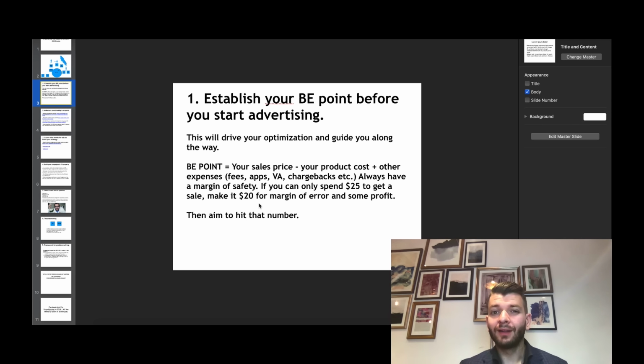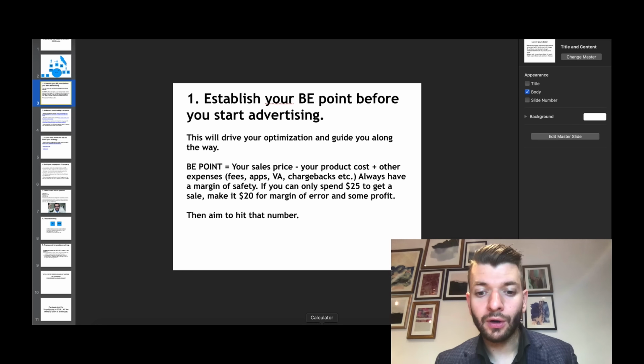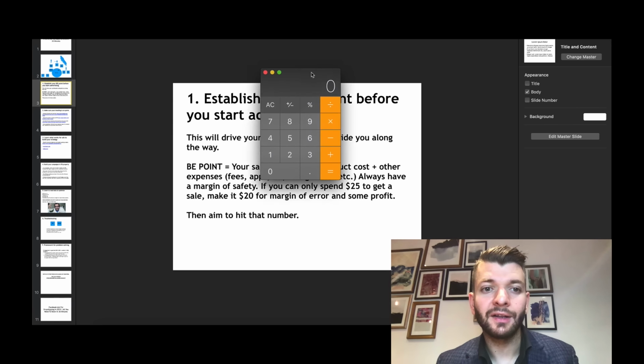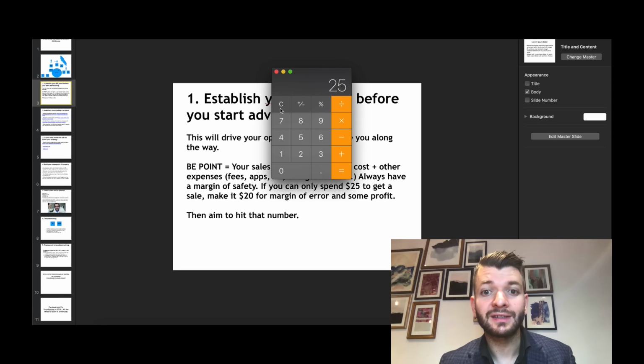Or if you're optimizing for return on ad spend, then you can calculate that number, right? So for example, if you're selling your product at, let's say, $25, and your product and all of the expenses that you have cost you like $10, then you have $15.